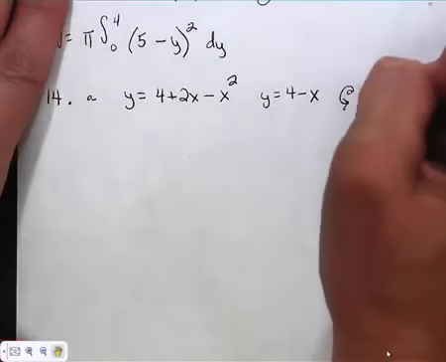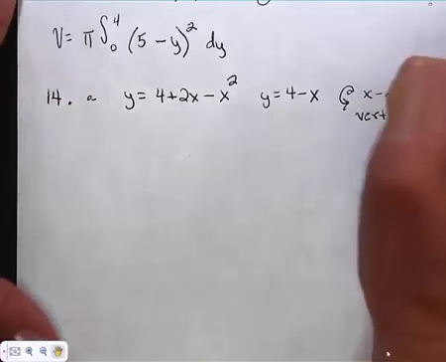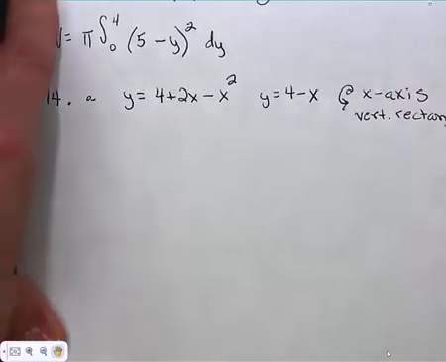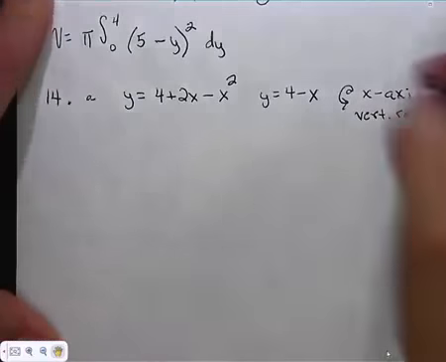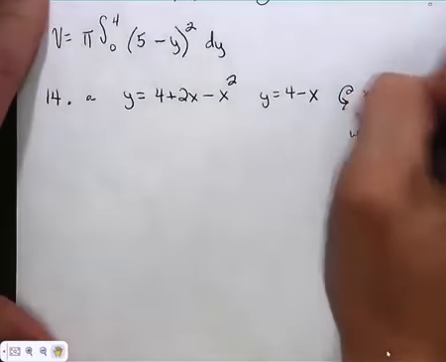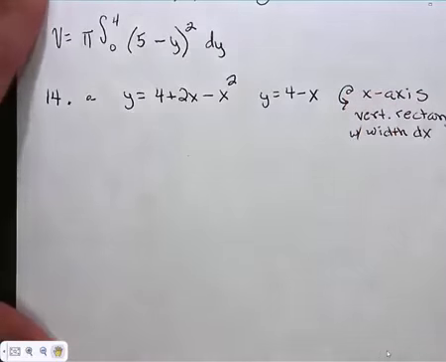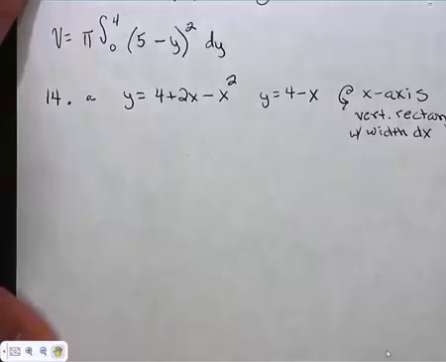So notes I'm making in my head: vertical rectangle means the width is dx, and my function has to be in terms of x, and my bounds of integration have to be x values.